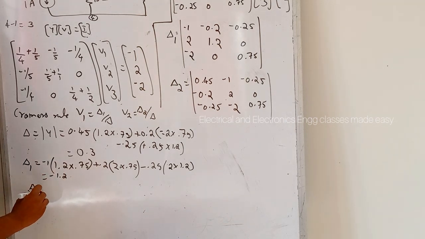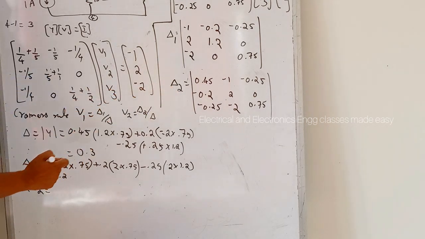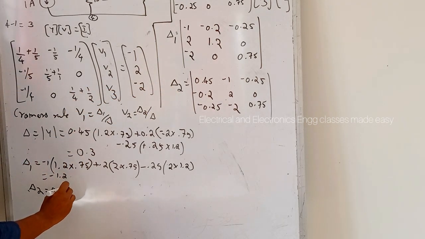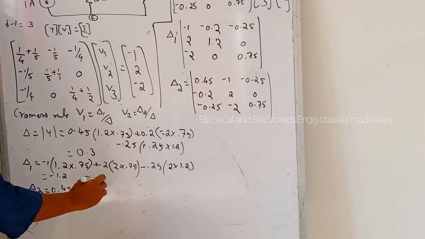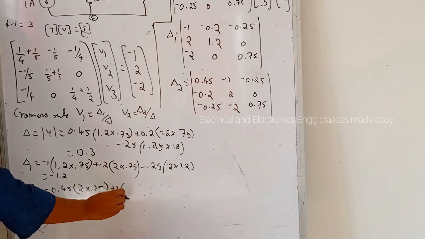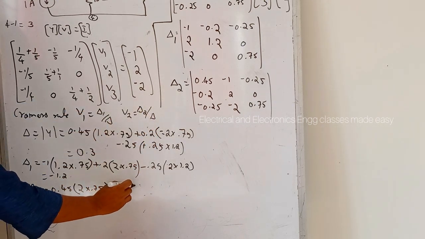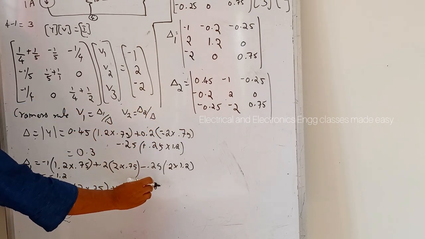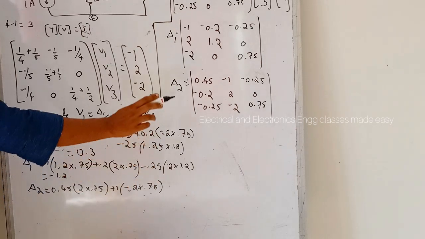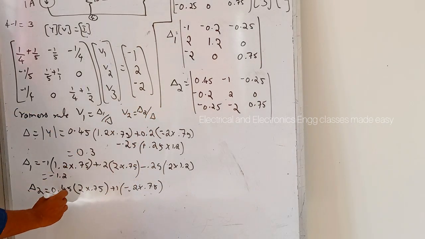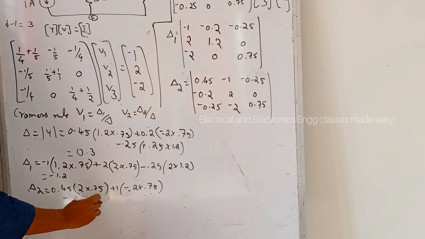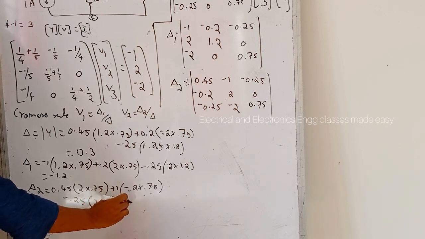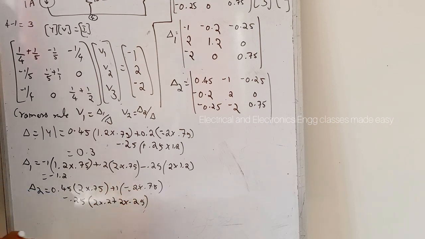Then delta 2 is determinant of this one, that is 0.45 into 2 into 0.75 minus 0, then plus 1 into minus 0.2 into 0.75 minus 0, then minus 0.25 into 2 into 0.2, then plus 2 into 0.25.